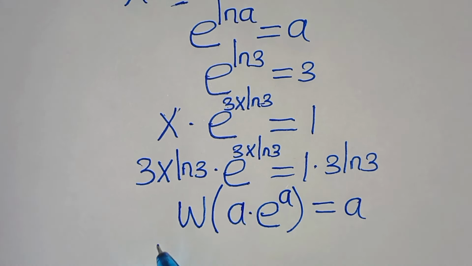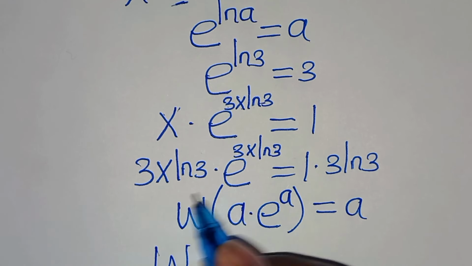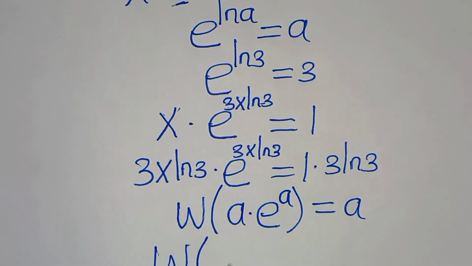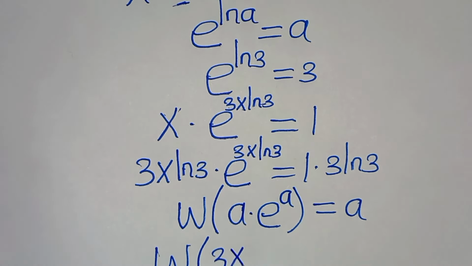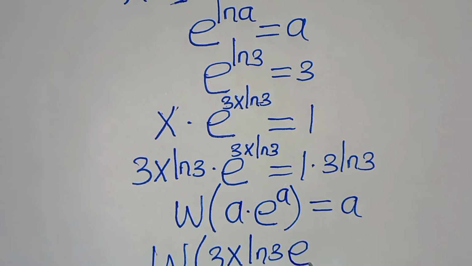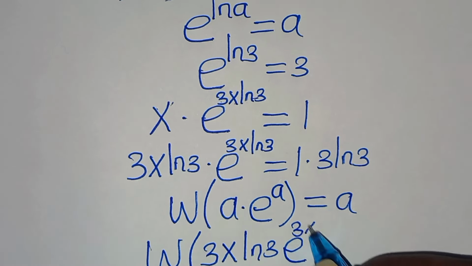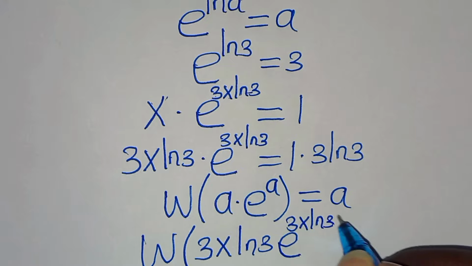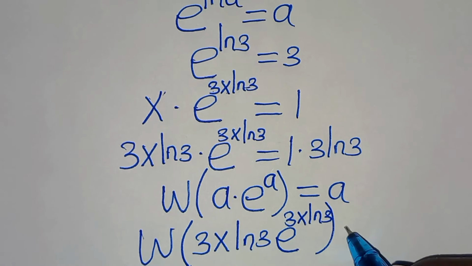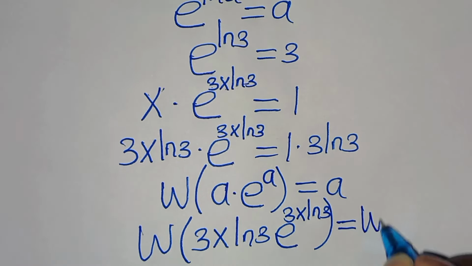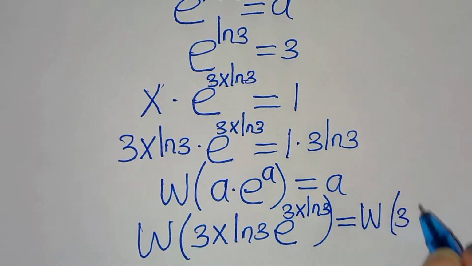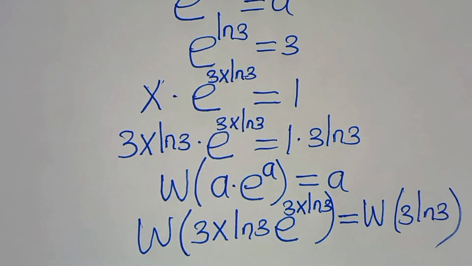Therefore, applying the W function on both sides, we have the W function of 3x ln of 3 multiplied by e to the power of 3x ln of 3, equal to the W function of 3 ln of 3.